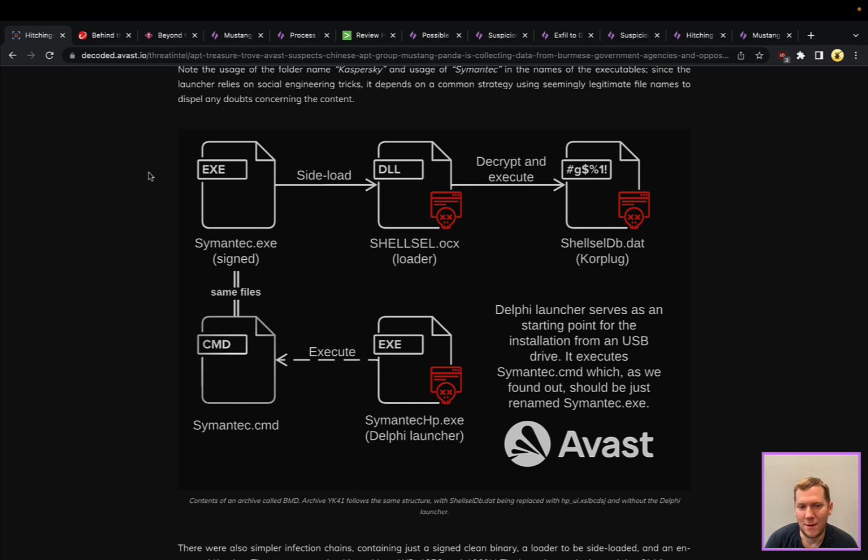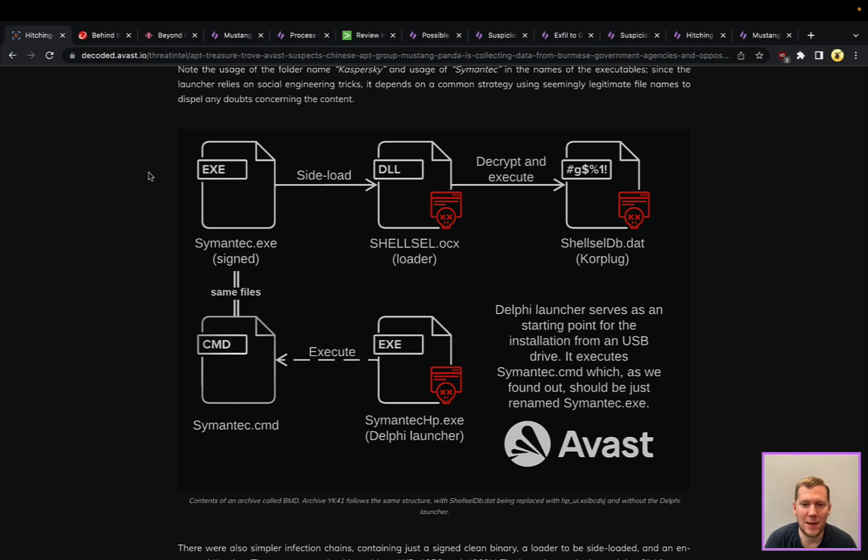DLL loading, we're talking about sideloading or search order hijacking. Symantec.exe in this example chain is going to be looking for the shell sel.ocx file. It's going to look in a couple of places, and if it doesn't find it, it's eventually going to load the one that is in the current working directory, which in this case has been planted with a malicious loader.